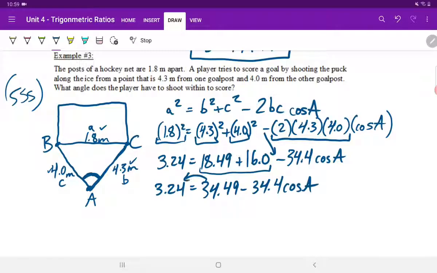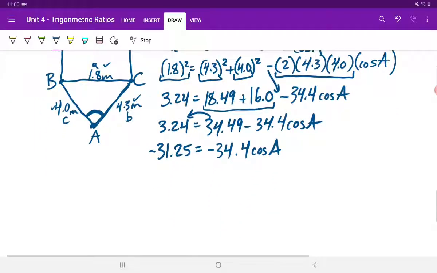We're going to move this over to the other side. So we're going to end up with 3.24 minus 34.49 on the other side. And you're going to end up with a negative number here. Don't be alarmed. That's okay, because we have a negative number on the right side as well. And now we're going to remove the negative 34.4 by dividing it out.